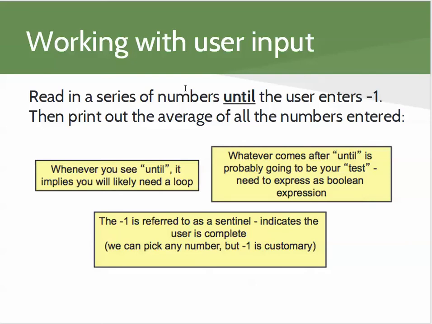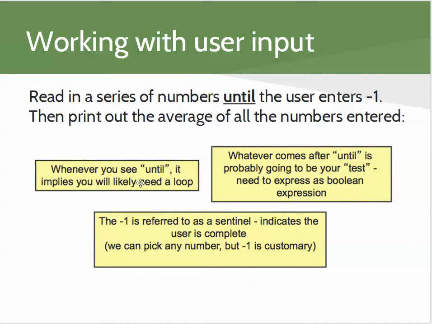You want to start to identify patterns in the way problems are stated. So for instance, read in a series of numbers until the user enters -1. The moment that you see the word until, you should know that something's going to be continually happening until some condition occurs. The until part generally implies that you're going to need a loop. So when you see until in a problem statement, that's one of the first things you should think of. You should start to think of whether it's a pre-test or a post-test loop.